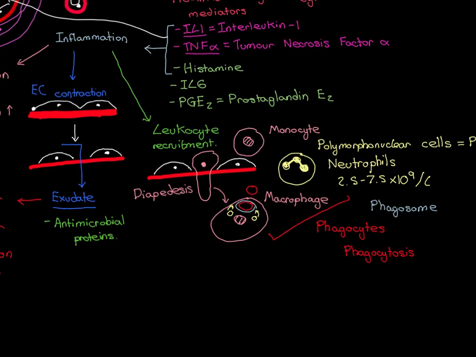And it's mainly because the horrible mechanism that they use to try and kill the thing inside the phagosome consists of more than just the lysosomes. I'm telling you a very simple story here, that they fuse lysosomes with the phagosome and that's how they kill the thing. They have a bunch of other horrible mechanisms that they unleash on this phagosome, and unfortunately those horrible mechanisms spill out onto the rest of the cell and therefore can end up destroying the cell in the process of trying to destroy the thing inside the phagosome.